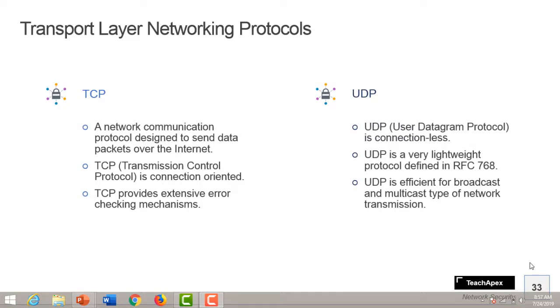When the server receives that request, it forwards a packet that contains the acknowledgement and the synchronization packet together, the combination of synchronization and acknowledgement. So first the client forwards the SYN packet, then the server forwards the SYN plus ACK packet to the client, and at last the client forwards the acknowledgement packet to the server.